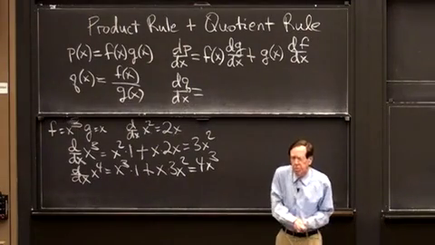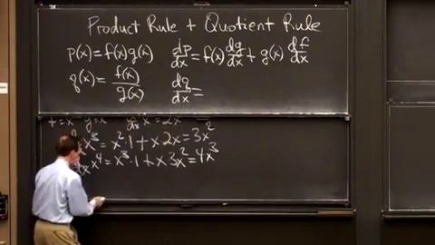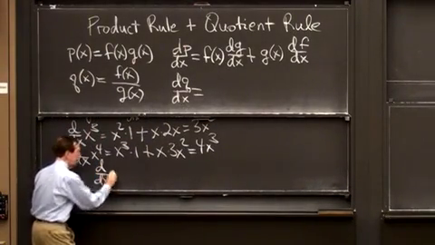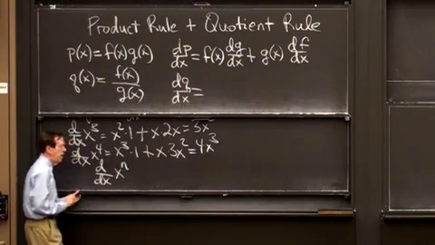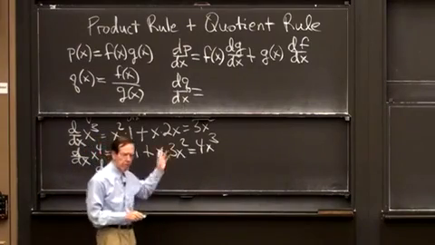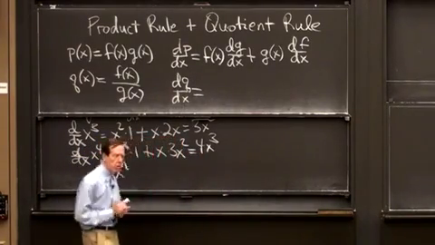Let's express this pattern in algebra. It's looking like the derivative of x to the n, we hope for any n. We've got it for n equal 2, 3, 4, probably 0 and 1.